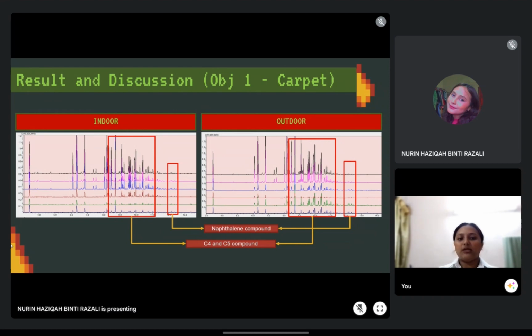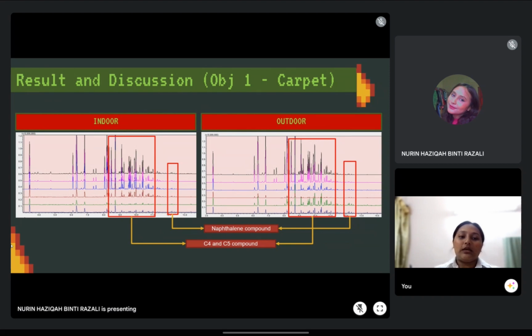Based on this TIC, we can see that in short term, the tropical weathering does give an effect to the peak height of the compound. Based on previous research, as time of exposure increases, the low molecular weight compounds will experience a decrease of peak height.